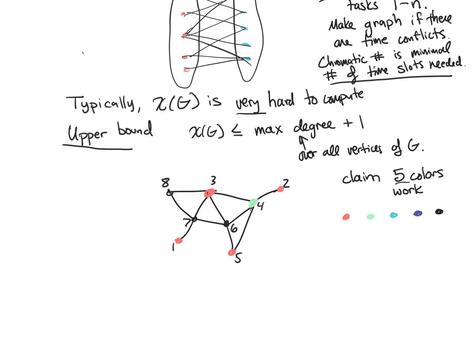Now you go to 6. You see red and green are both taken, but light blue is available. You go to 7. Red and blue are taken, but green is free. And then 8 gives you the smallest one, which is blue.